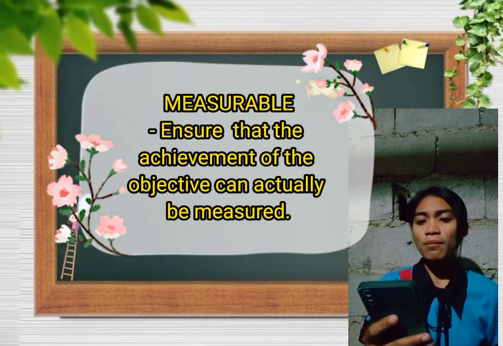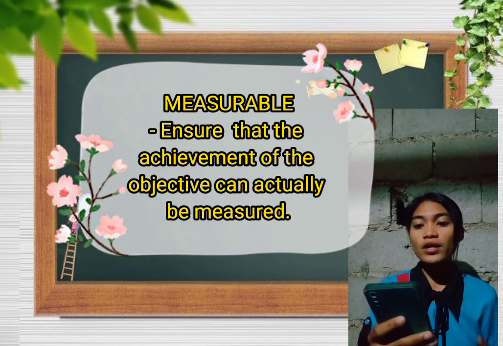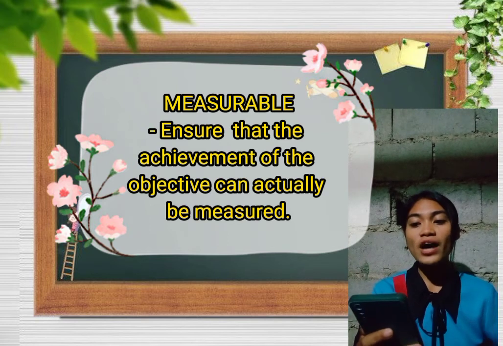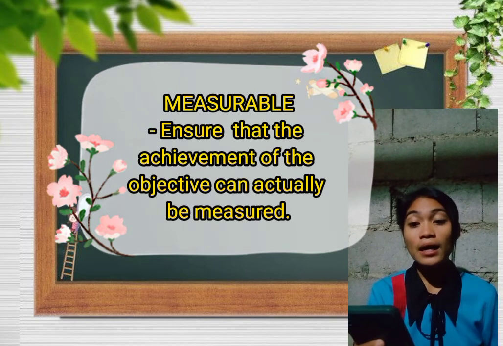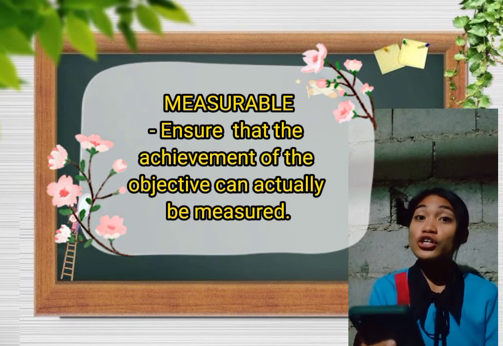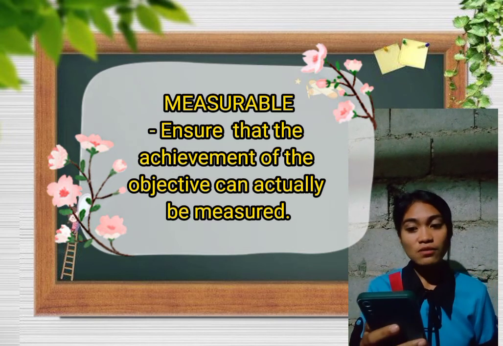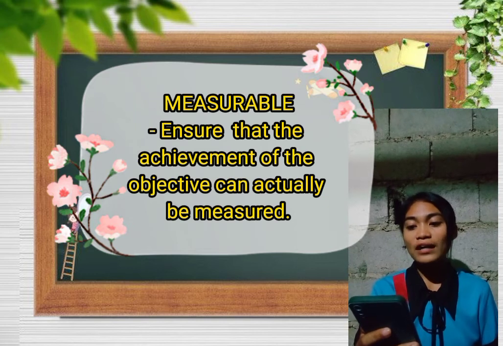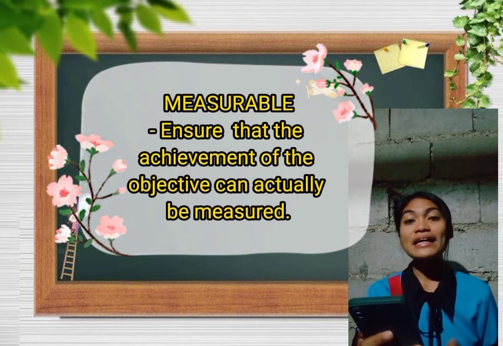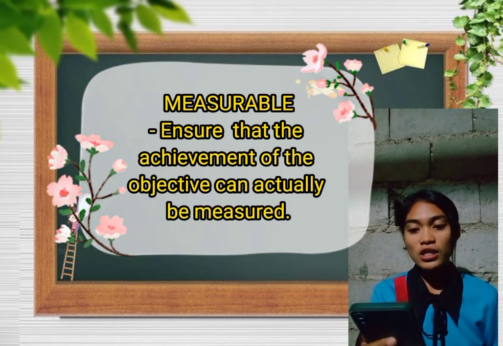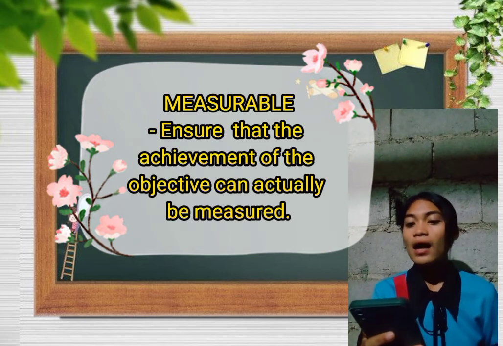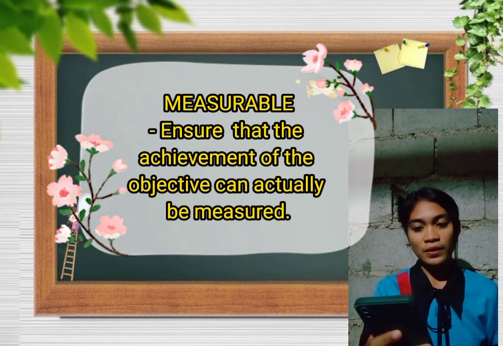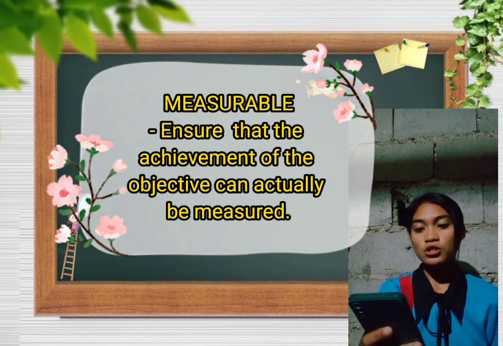So what is measurable? It ensures that the achievement of the objective can actually be measured. You should check your objectives to ensure that their achievement can be measured by assessment strategies such as observation, test items, or problem-solving exercises.